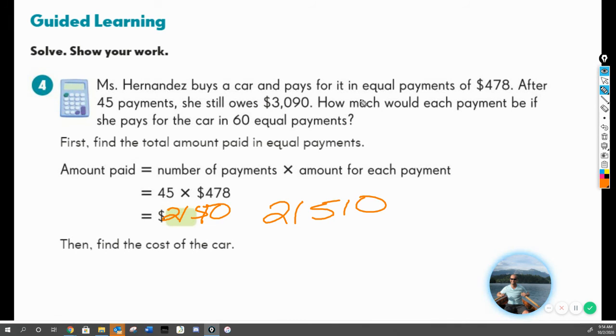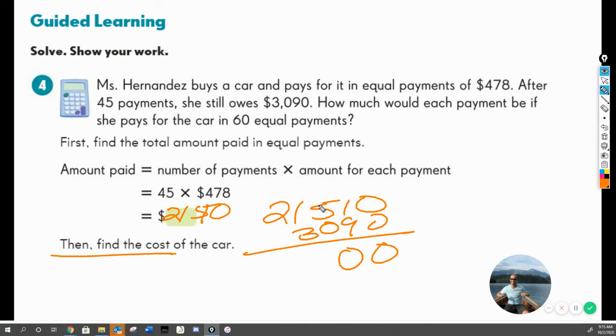And then it wants to know how much each payment would be if she pays for the car in 60 equal payments. So after finding what she's paid already, we've got to find the cost of the car by adding $3,090 to $21,510. You get $24,600. And this is the total cost right there.